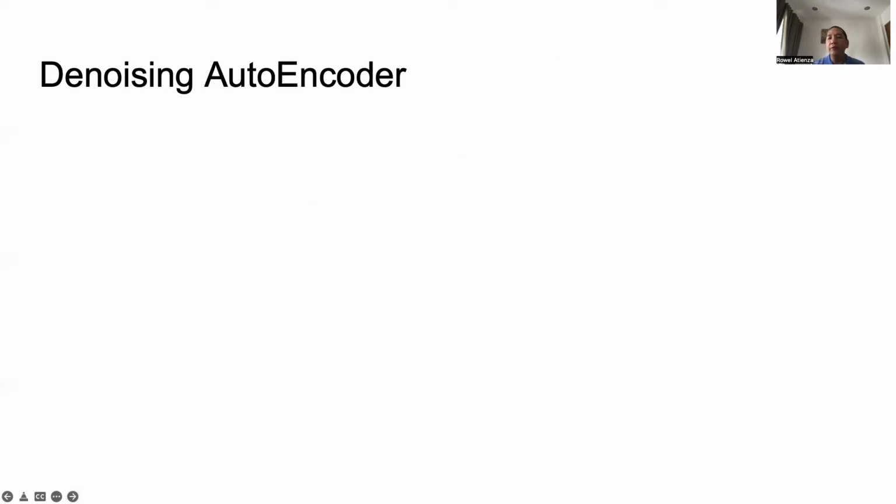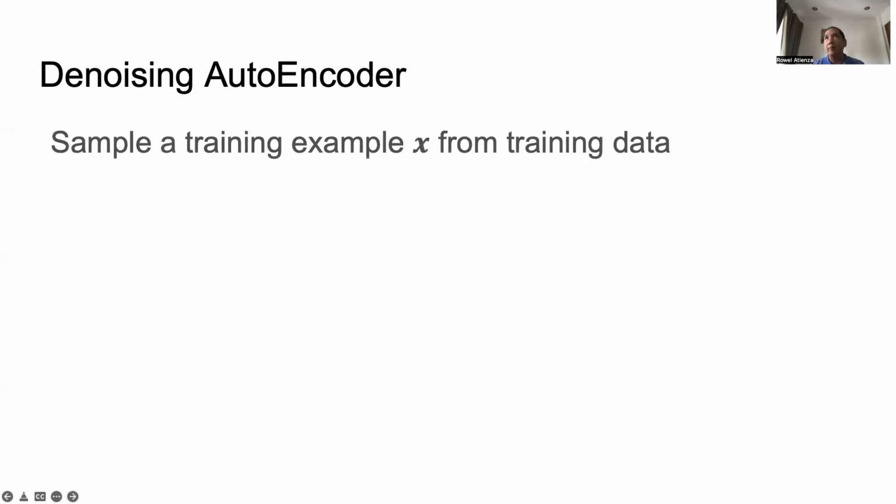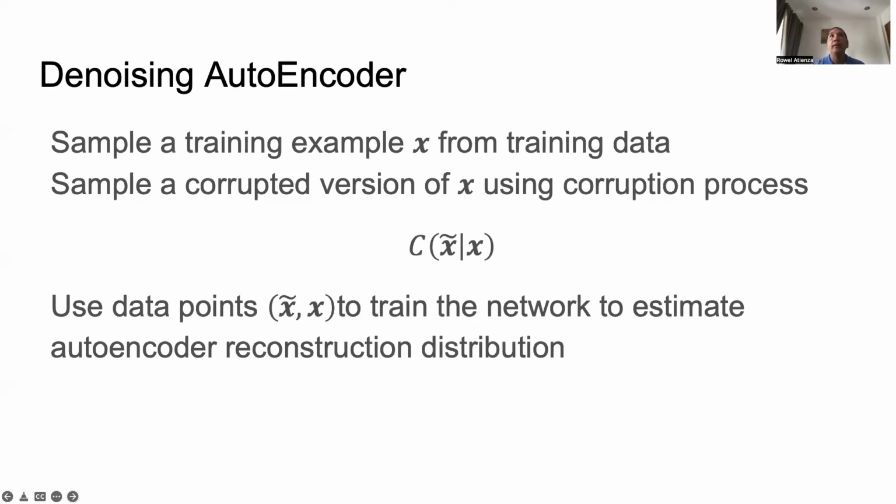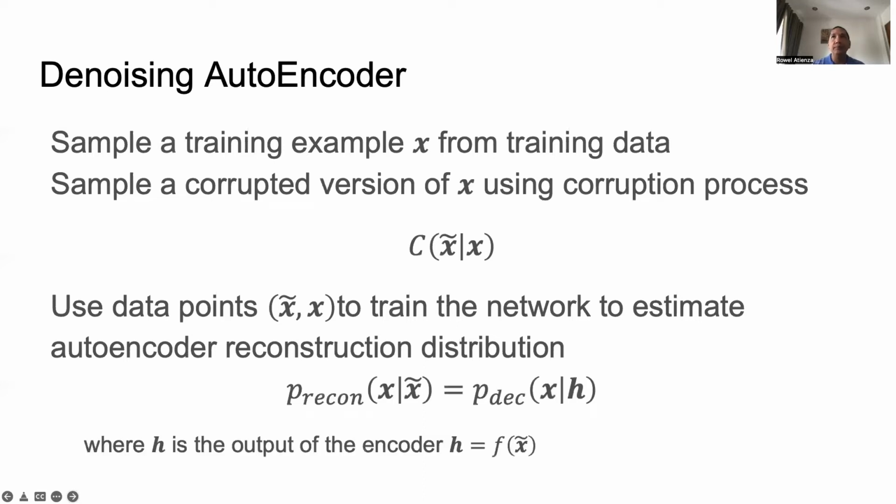The algorithm for the denoising autoencoder, as mentioned, is summarized in this slide. Sample a training sample X from training data. Sample a corrupted version of X using a corruption process. Use data points X tilde and X to train the network to estimate the autoencoder reconstruction distribution.